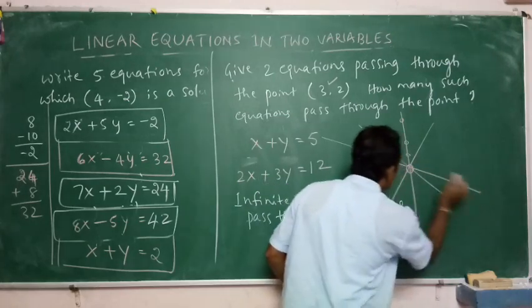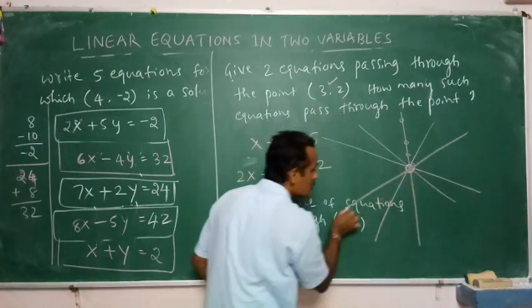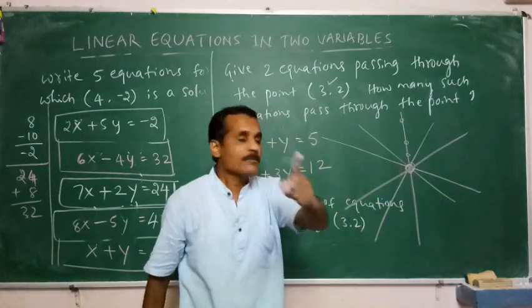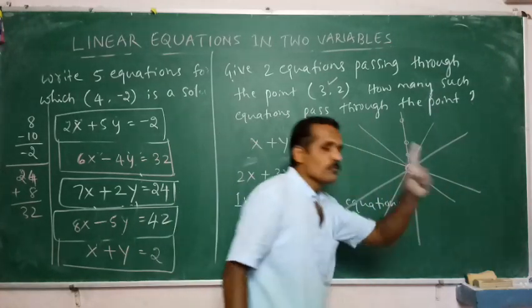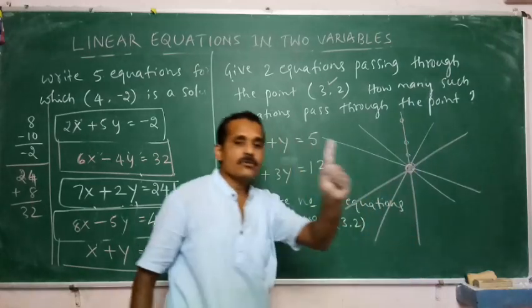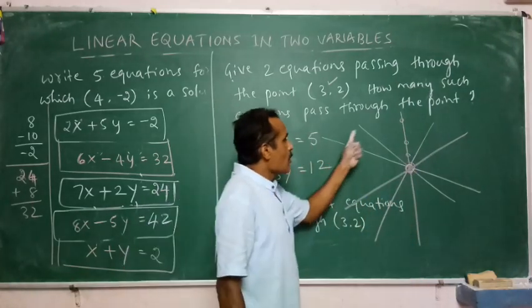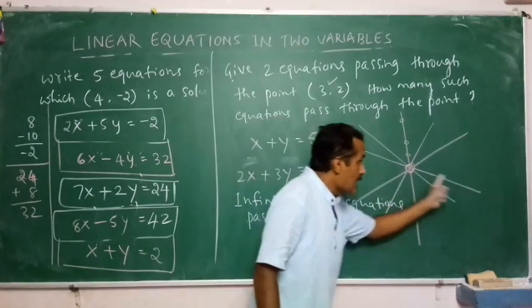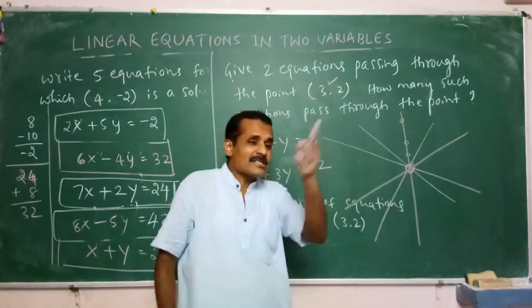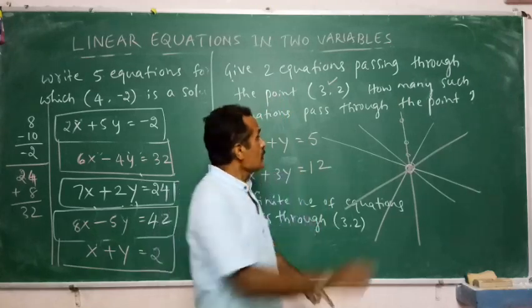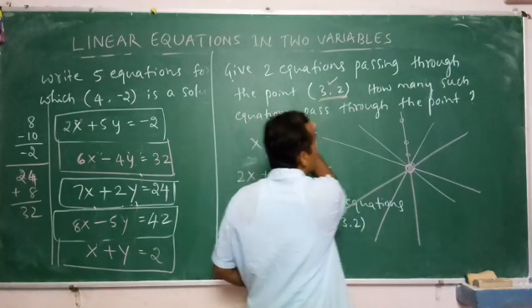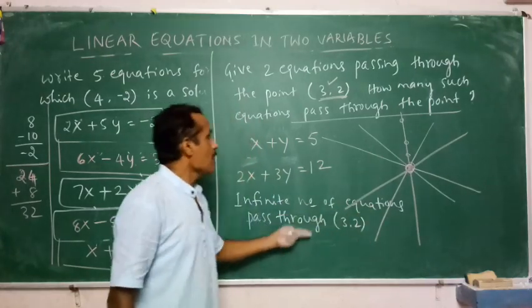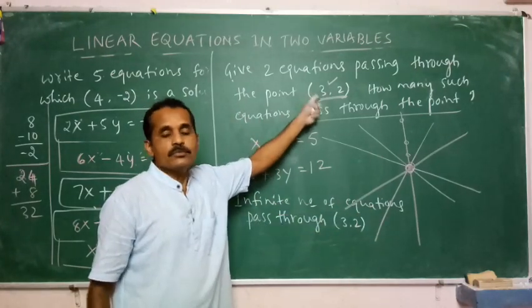There will be one more straight line passing through this. Every straight line is one equation. One straight line, one equation. That means these are all the equations where we have drawn a straight line. So they ask you, through this point, how many lines can pass? You can say infinite number of equations pass through the point 3, 2.